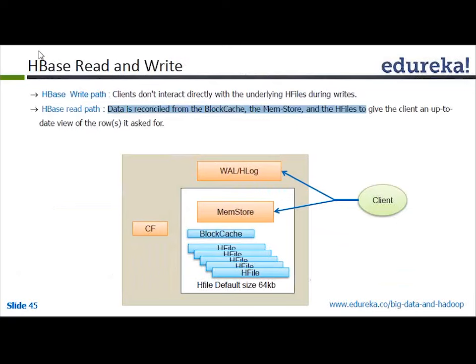Whenever you write something, it is first stored in the MemStore. Similarly, a read is first taken from the cache, then the MemStore, and if not found, from the HFile. The size of the HFile depends totally on the data that you have.